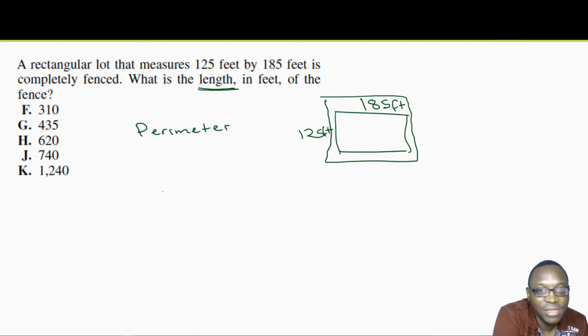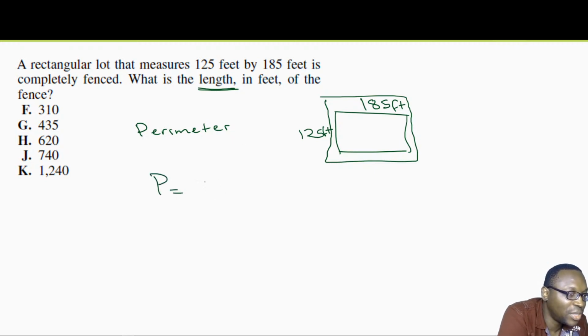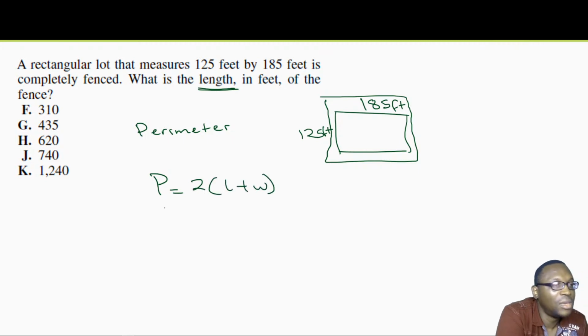Your perimeter is the path around an object, or you can say the length of all the sides of an object. Perimeter is going to be 2 multiplied by length plus width.